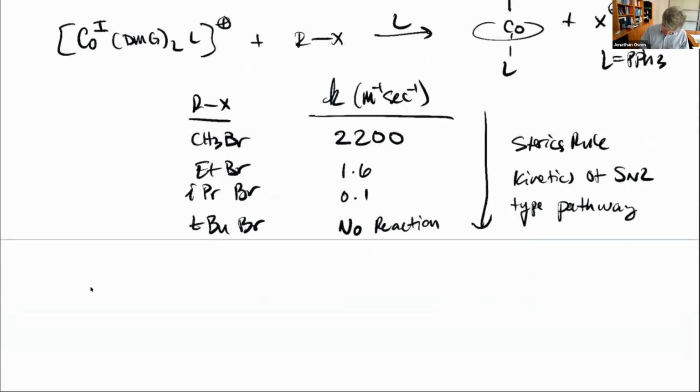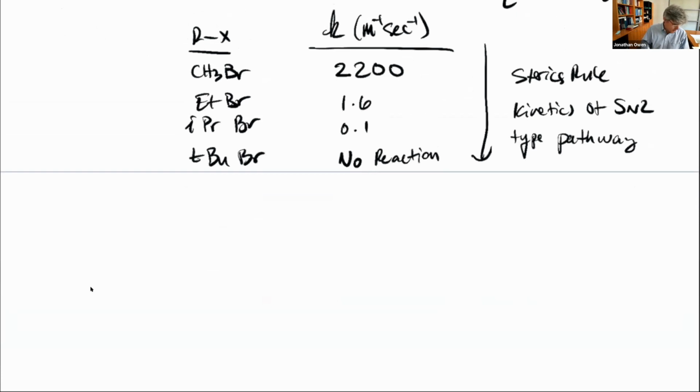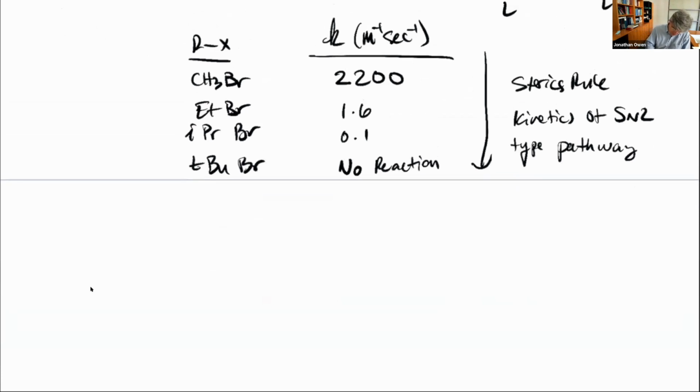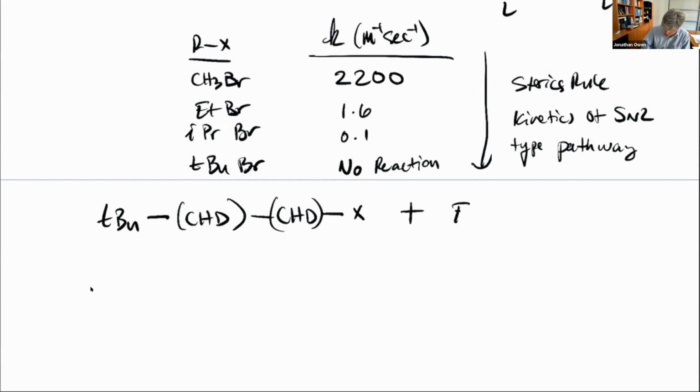And George Whitesides did a somewhat famous study back then where he made a substrate that he deuterated. And he reacted it with the FIP anion.